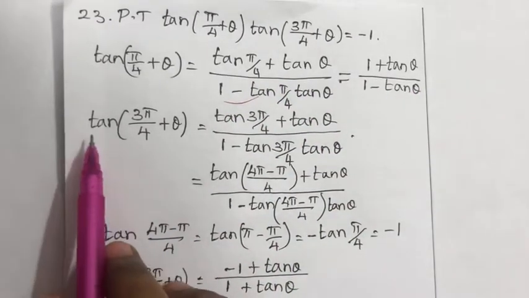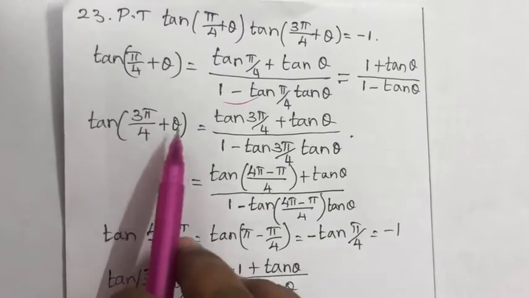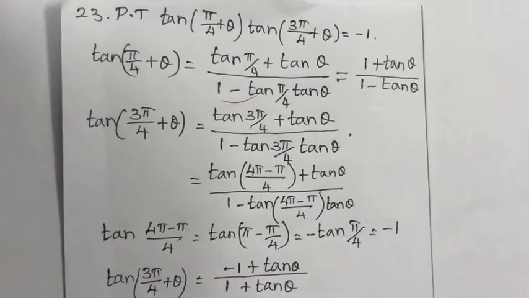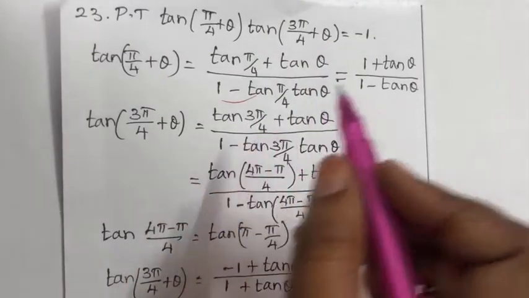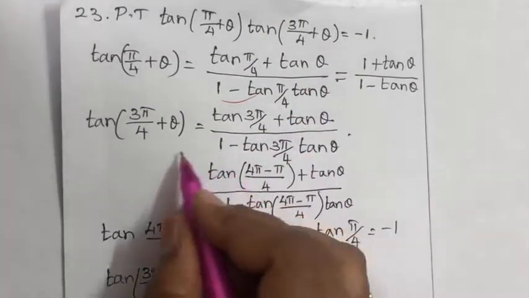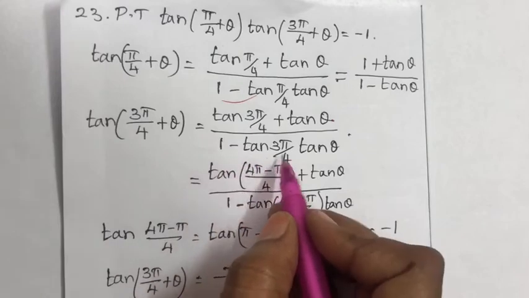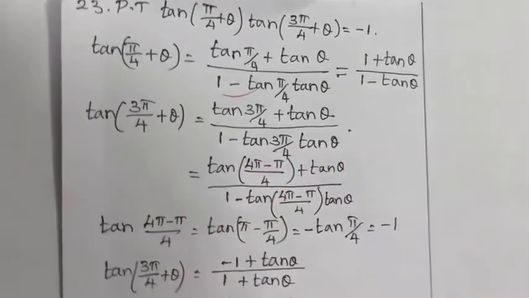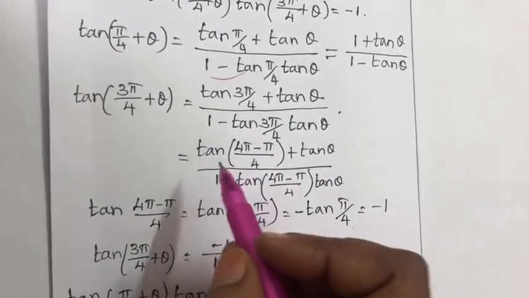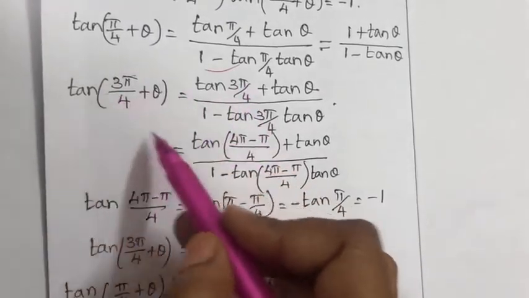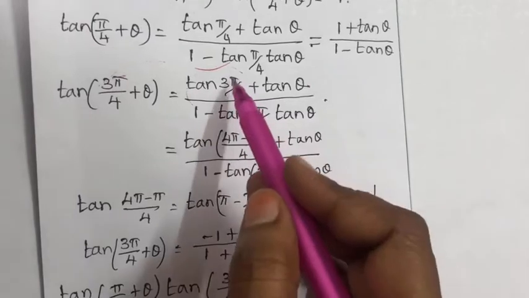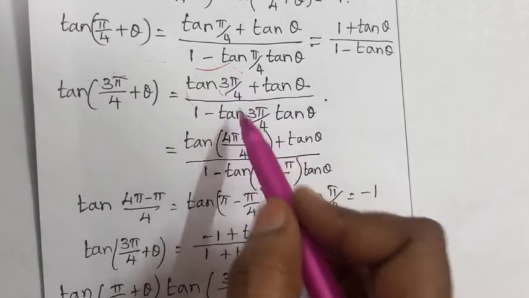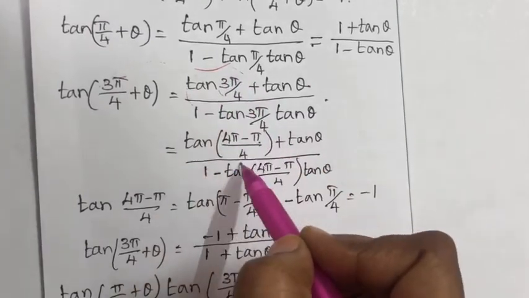Now let's take tan(3 pi by 4 plus theta). Okay, the second one. So tan 3 pi by 4 plus tan theta divided by 1 minus tan 3 pi by 4 tan theta. So first we have to find what is tan 3 pi by 4. I write 3 pi by 4 as 4 pi minus pi divided by 4.